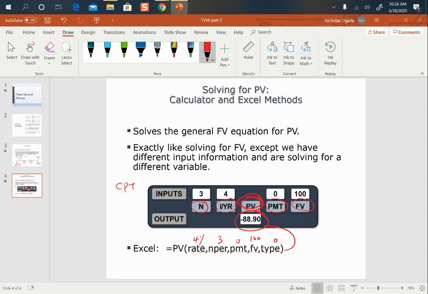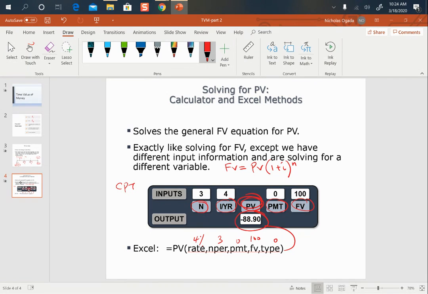If you want to use the formula, then we could reduce this from our future value formula. Remember what we said with the future value: the future value is equal to the present value times (1 plus I) raised to a power of n. In this case, we are not looking at the future value, we are trying to determine the present value.